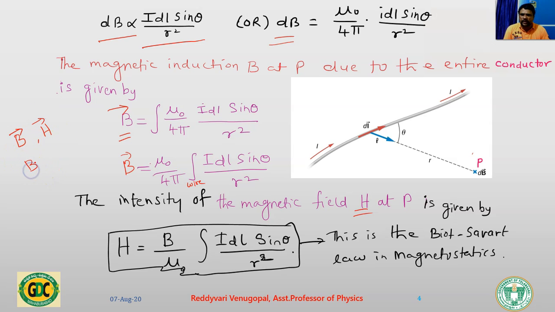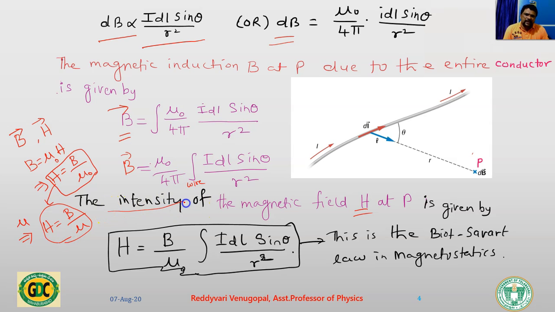That relation is B is equal to mu naught H. Therefore, H is equal to B by mu naught. This is in free space. But when you take any medium, if mu is the permeability of that particular medium, then H will be B by mu. So we just have to remember this one.